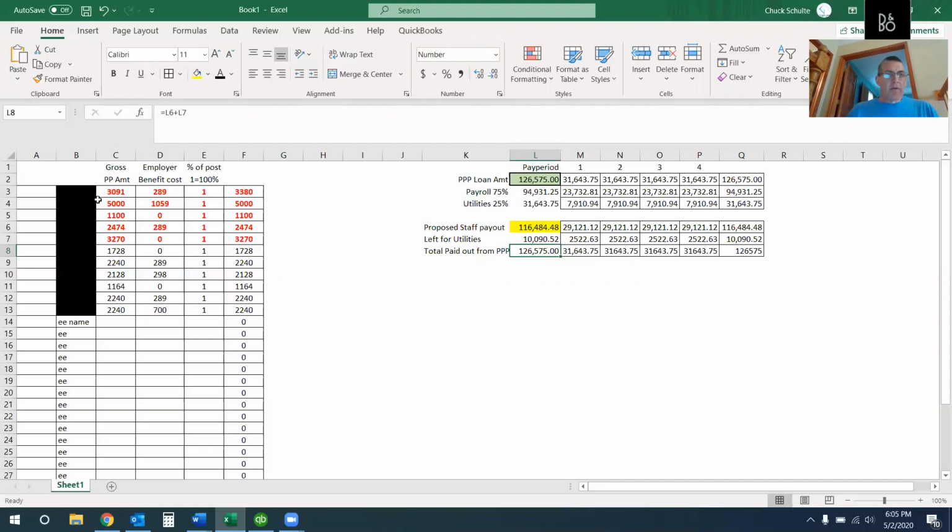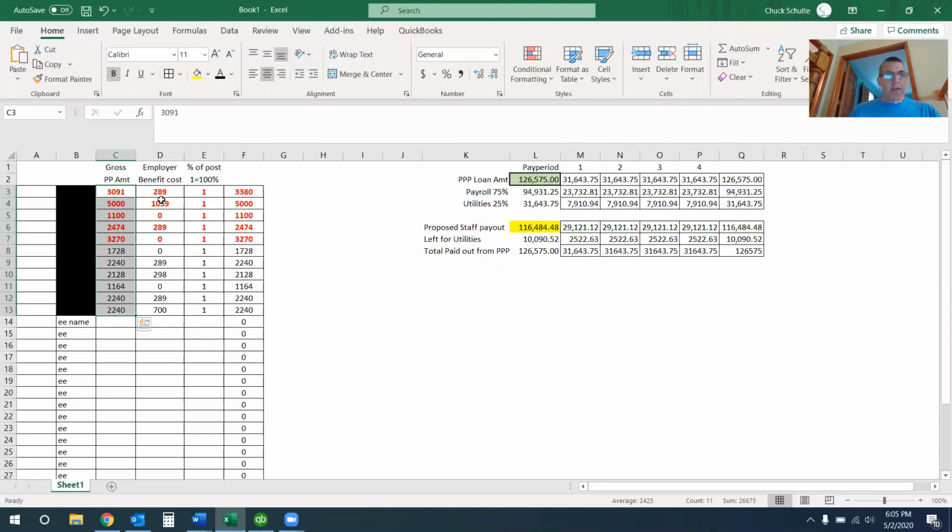Over here, you've got your list of employees. I've got this blocked out for now for my employee names. Then you're going to put in what their gross payment is for each pay period, or an average pay period that you would be paying them.